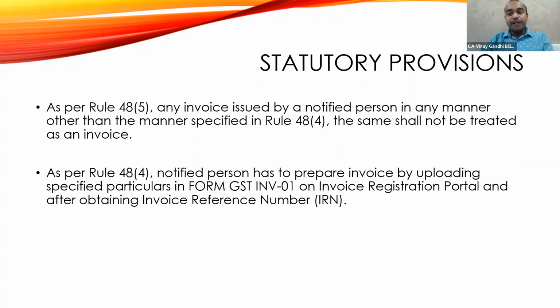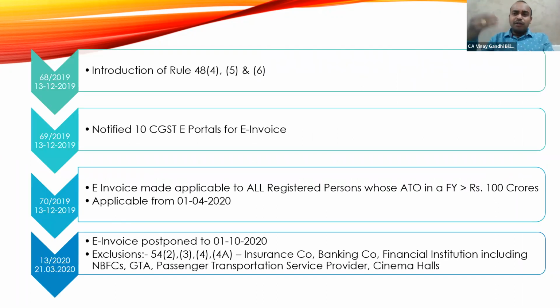So if I'm going to issue an invoice to any person now, it should contain the IRN. This was introduced long back in 2019. The 35th GST Council meeting talked of the introduction of e-invoicing, and a subcommittee was formed. The 37th GST Council meeting accepted the subcommittee's discussions, and they introduced Rules 48(4), 5 and 6 for invoices.